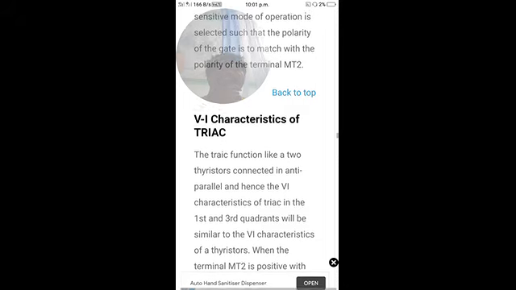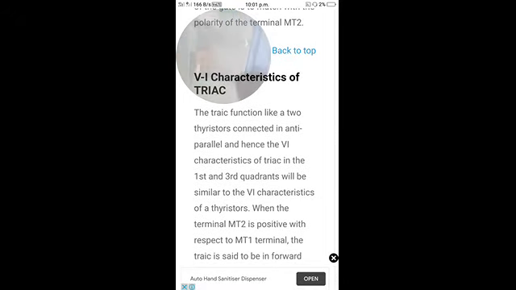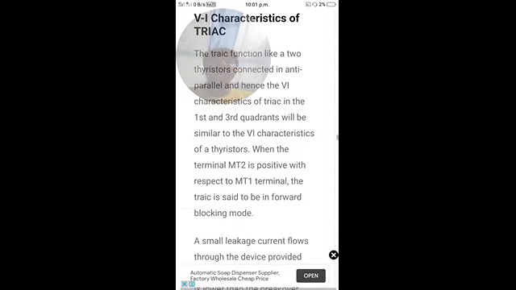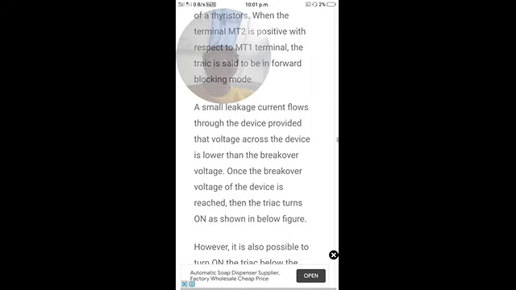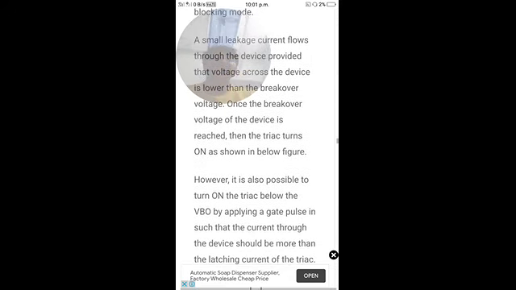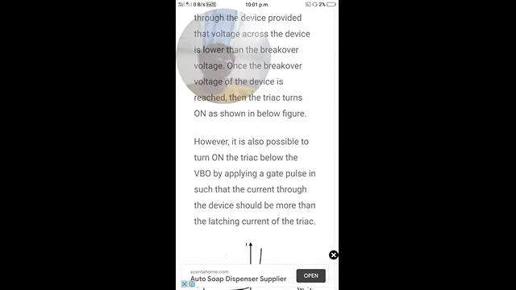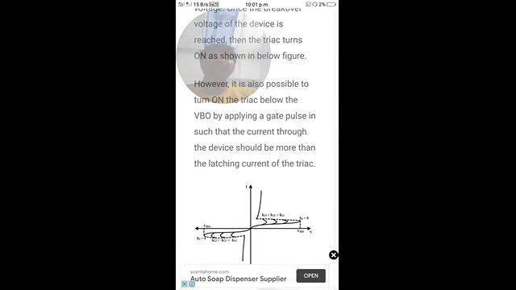Coming to the VI characteristics of the triac, the characteristics are similar to the SCR, but the SCR can operate only in the forward direction, whereas the triac can operate in both the forward and reverse directions. With increasing gate current Ig, the breakover voltage is reduced.